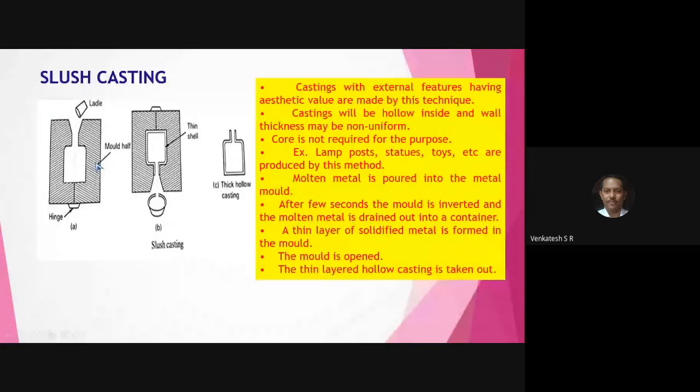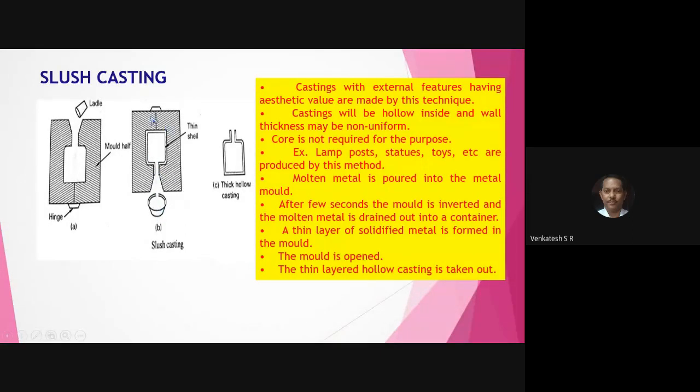This is the half mold box, and the other half mold box like this. When you pour the liquid metal, it makes a shell like this, and the remaining metal falls into the container.